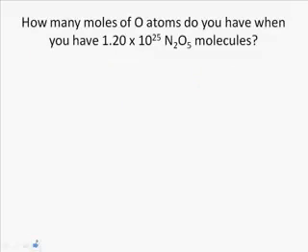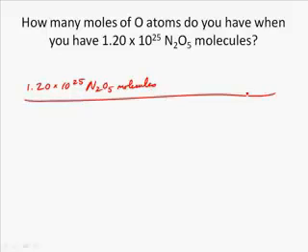Okay, now let's take a little bit of a step further with this. Say I have 1.2 times 10 to the 25th N2O5 molecules, and I want to know how many moles of oxygen atoms I have. Well, the first thing, and this is always a good first step when you're doing these problems: if you don't know what else to do, convert it to moles.